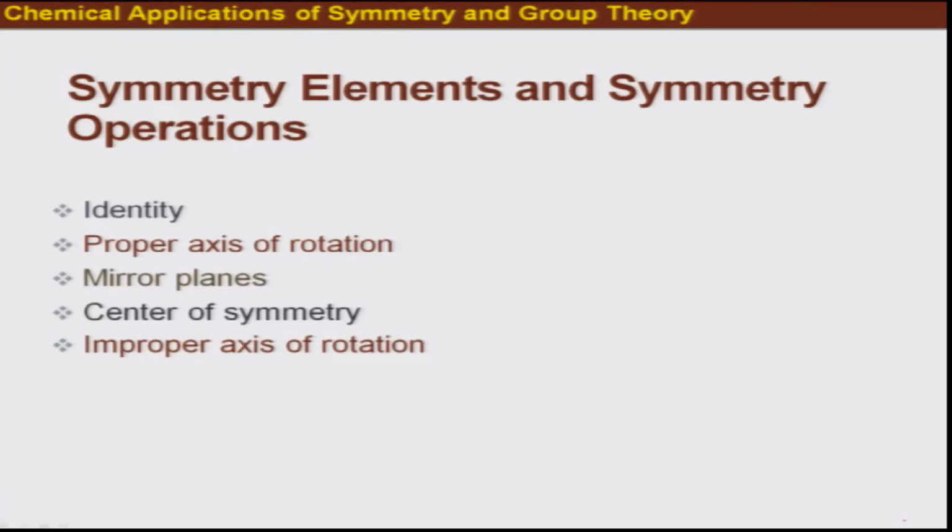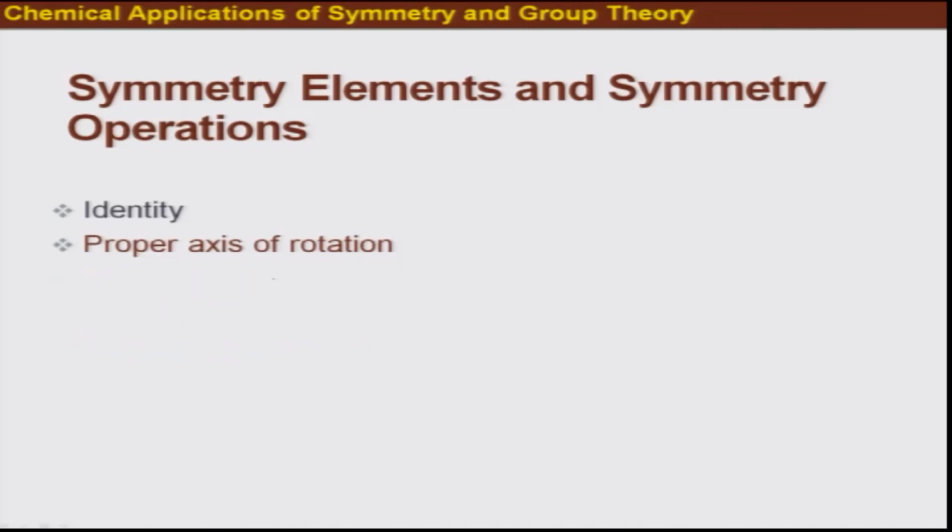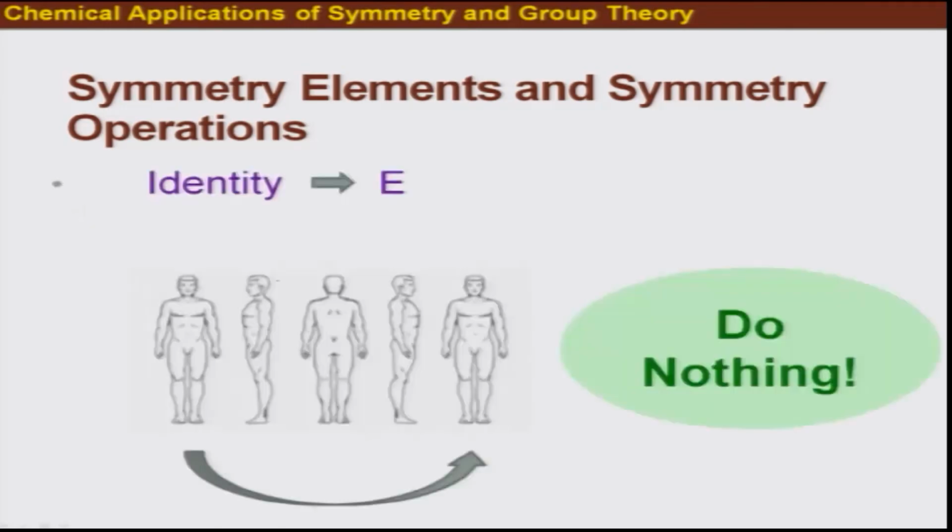So as you can see on the screen, you can have an element called identity, another element called proper axis of rotation, you can have mirror planes, you can have center of symmetry, and you can have improper axis of rotation. So now let's look at one by one what is what. First, let's look at the element of identity.